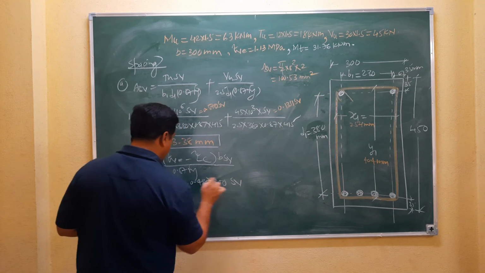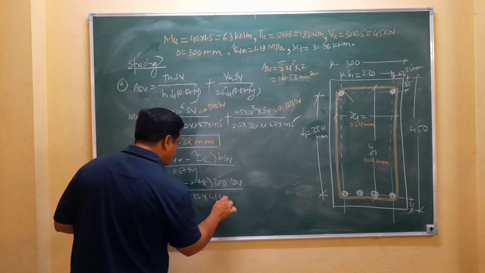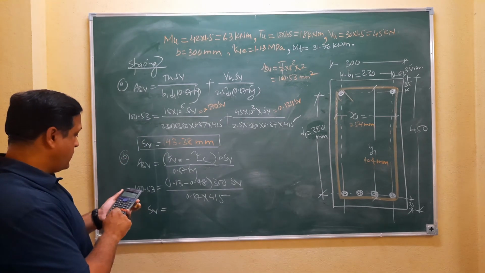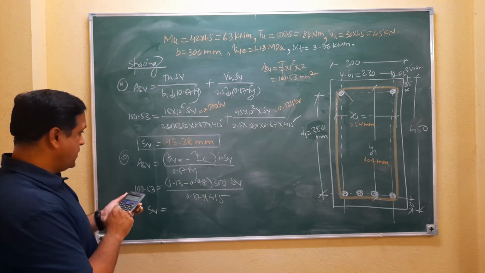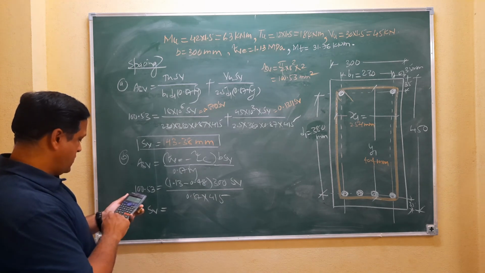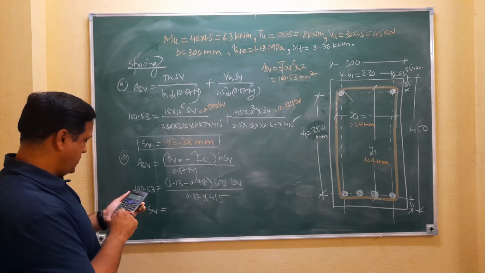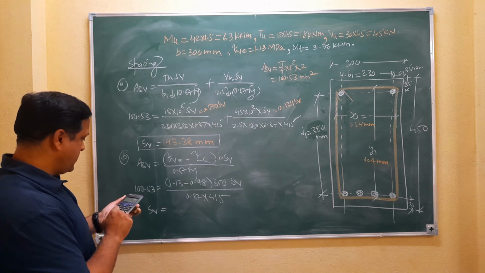You have to find out the spacing divided by 0.87 fy, 415. Let's find out the spacing. 1.13 minus 0.48 into 300 divided by 0.87 fy, 415.